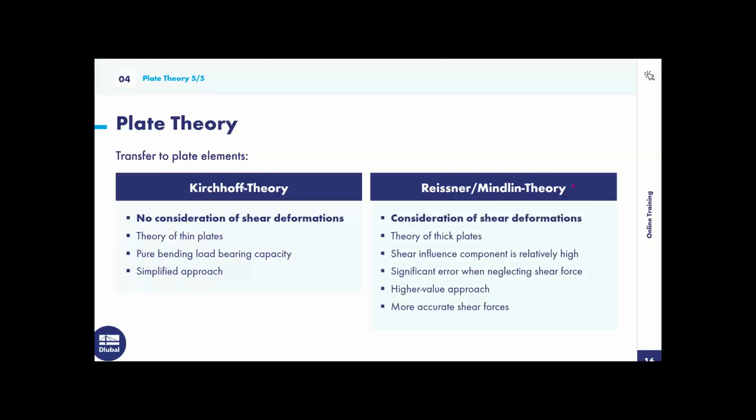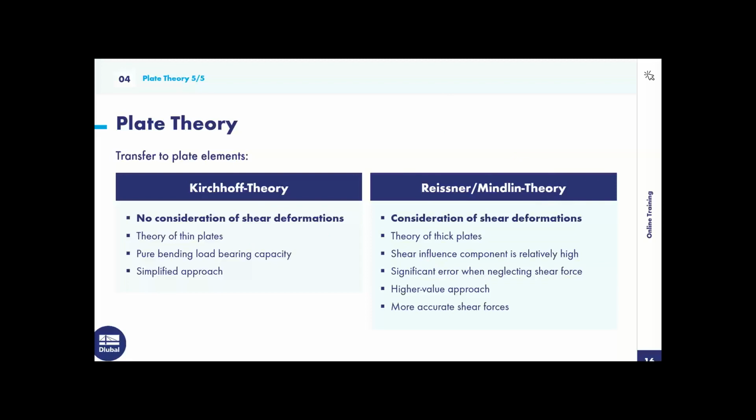For Reissner-Mindlin theory, the considerations for shear deformations are there, and this is better for thick plates, and also where shear influence from components is relatively high. There's also a significant error when neglecting shear forces, and this is better for more accurate shear forces and is a higher value approach. In my opinion, the Reissner-Mindlin theory is what you should be using most of the time, but I think it's good to know the difference between these two theories.